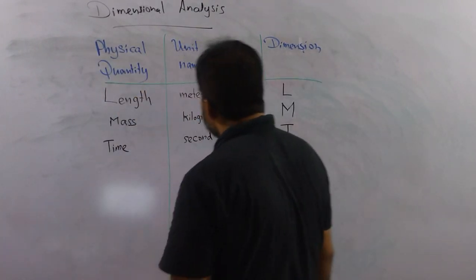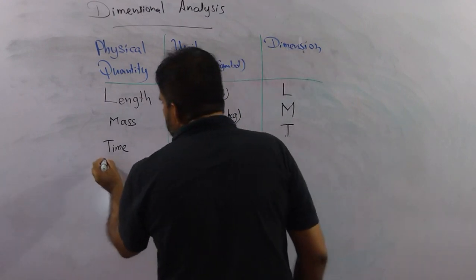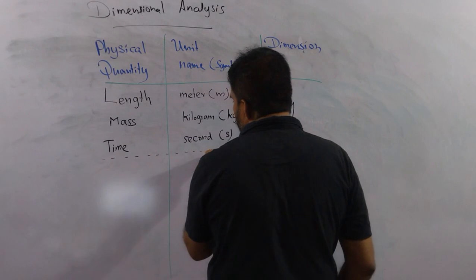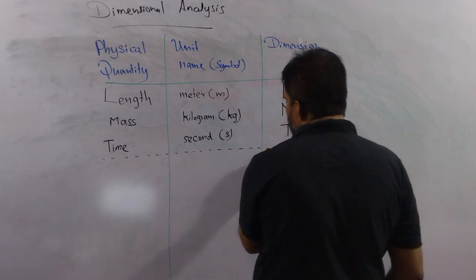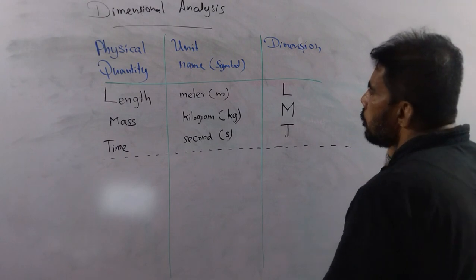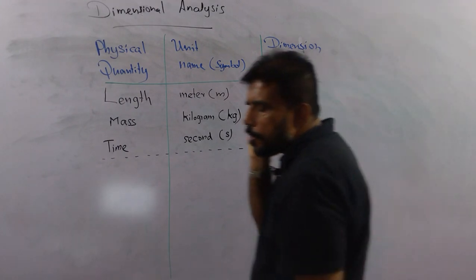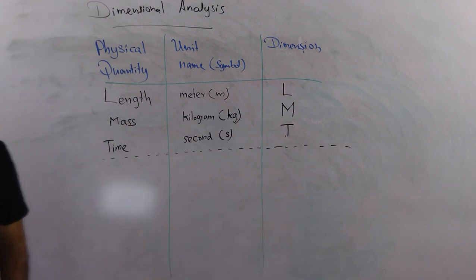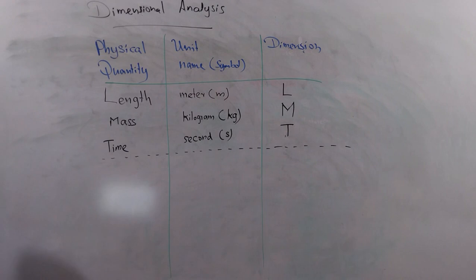These are the basic dimensions we are supposed to learn under advanced level physics. And in our dimensional analysis and further studies, we are not using the other fundamental quantities we discussed already.